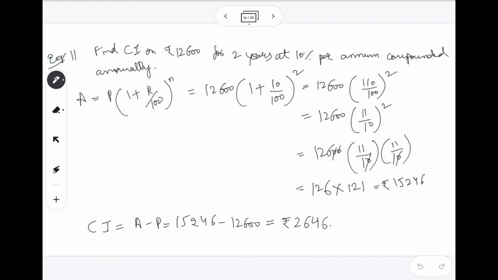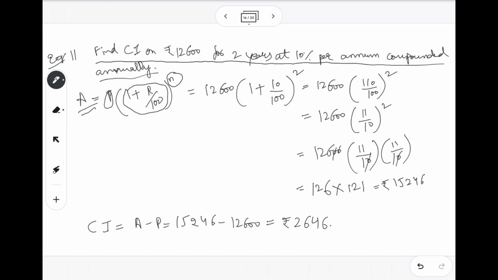Now let's see one example based upon compound interest. It says find compound interest on 12600 for 2 years at 10% per annum compounded annually. We know the formula of amount, which is equal to principal into (1 plus rate upon 100) raised to power n.